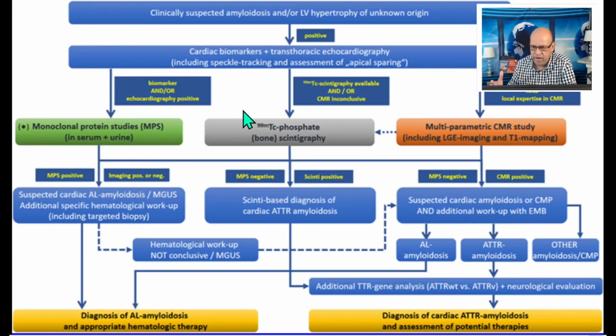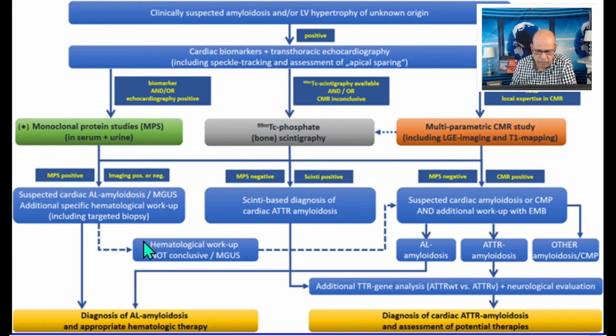And here's a different way of looking at that from a diagnostic perspective. We start off with cardiac biomarkers, echocardiography, then we go for the monoclonal antibodies, technetium pyrophosphate scan, and if needed, we can also do multi-parametric cardiac MR, which will help us to identify these types of depositions in the myocardium.